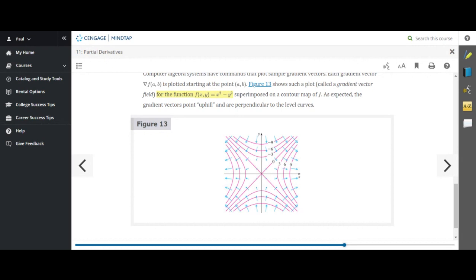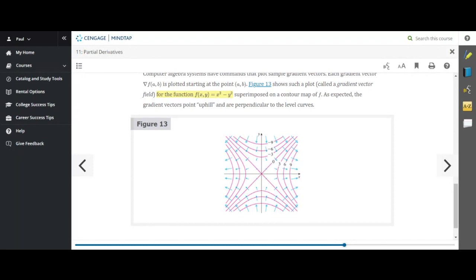They're going from 6 to 9, and the gradient vectors point in the direction of greatest increase. And those gradient vectors are perpendicular to the level curves.